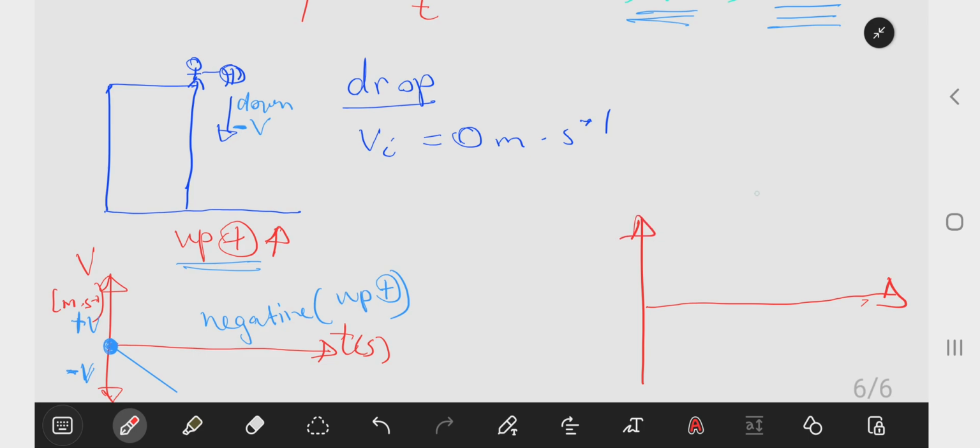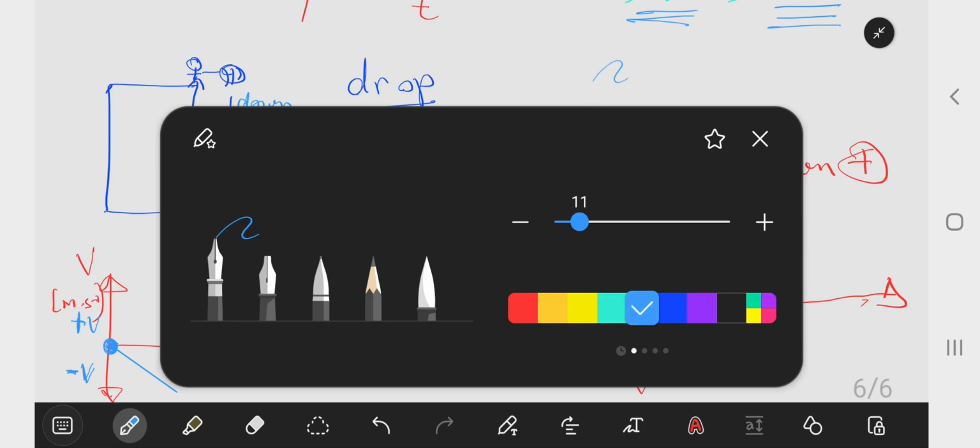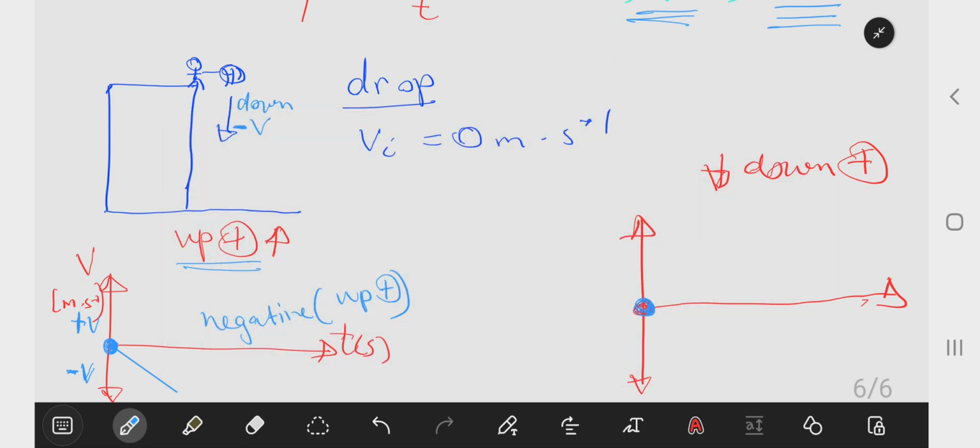On this graph, we are choosing downwards as positive now. And remember, this is a drop. If this is a drop, it will start at the origin, at the 0 point. This is the positive velocity, this is the negative velocity.